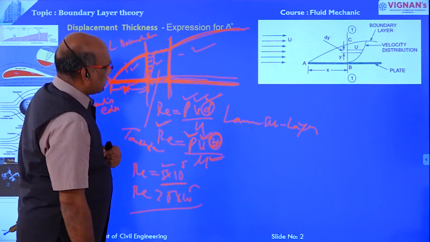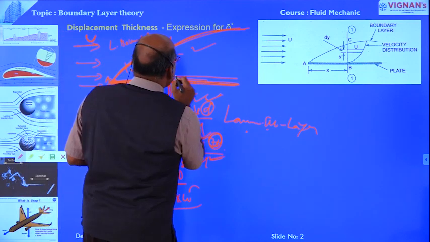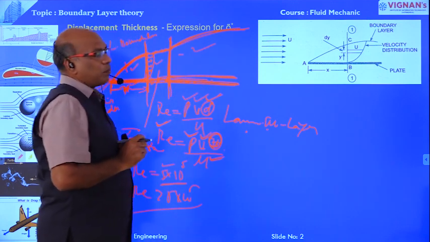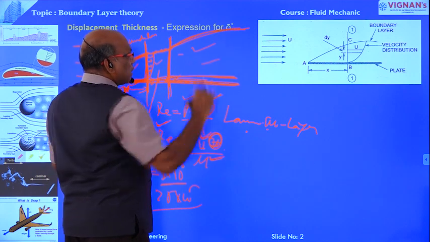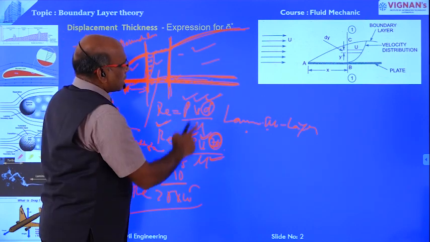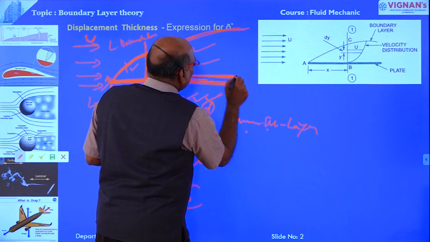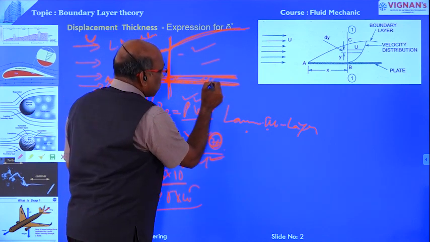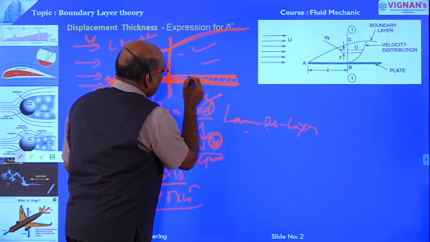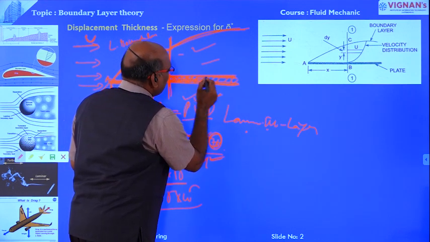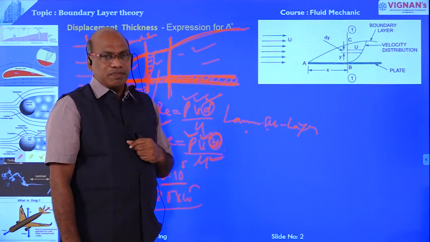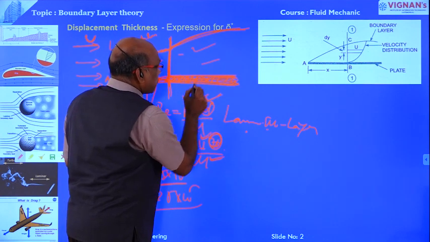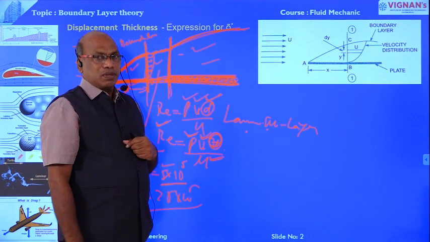The laminar sublayer is part of the turbulent boundary layer, but the velocity variations in this laminar sublayer are because of the viscous forces, the viscous effects.